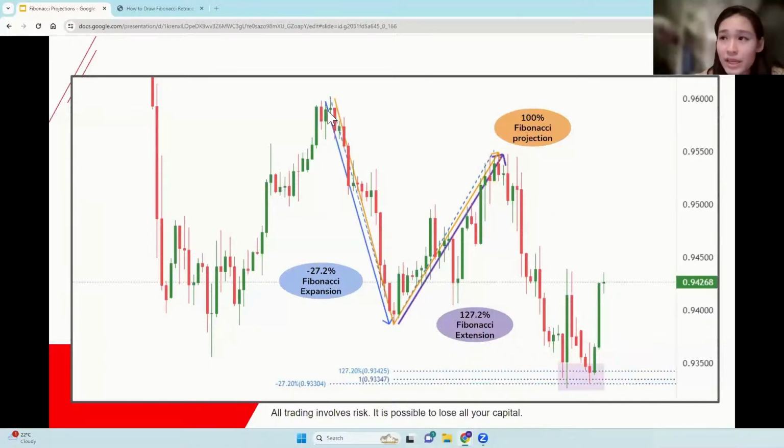How that would look would be something like this, just without the purple arrow. For an expansion, you would take the starting point and the ending point to be the first line of your lightning bolt shape. And then your projection would be the V shape that follows that same shape. I hope I'm making sense, but you can kind of just see it over here on the chart.